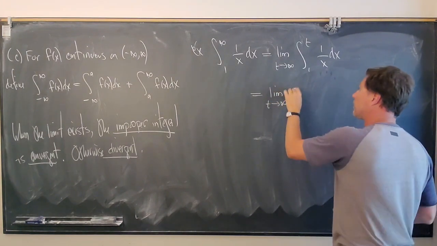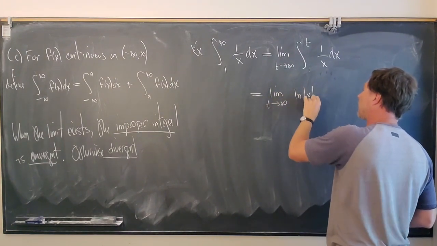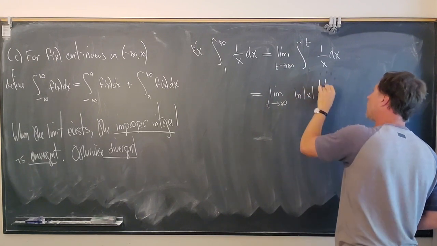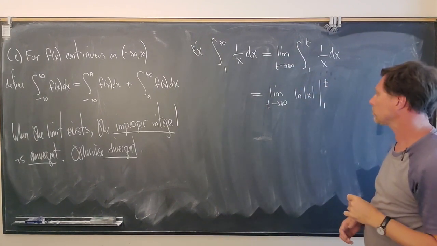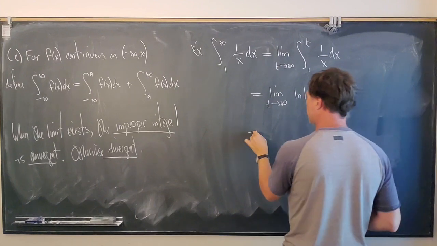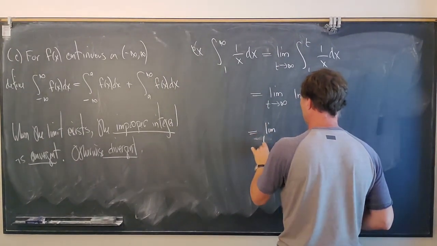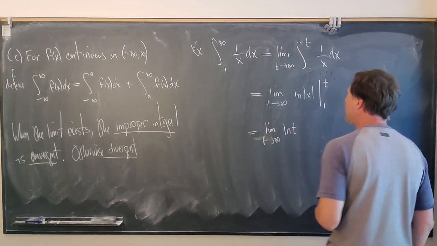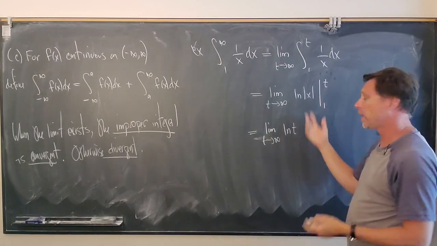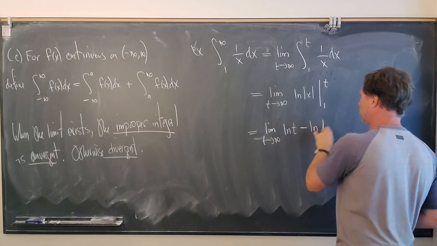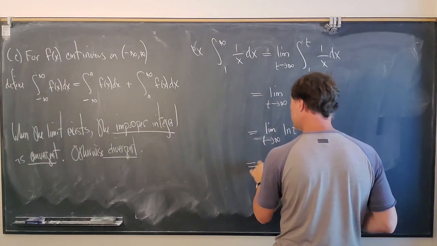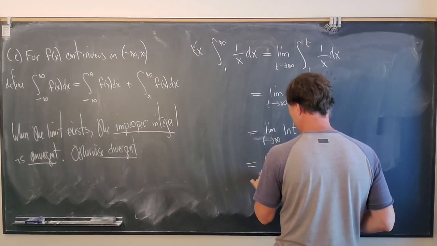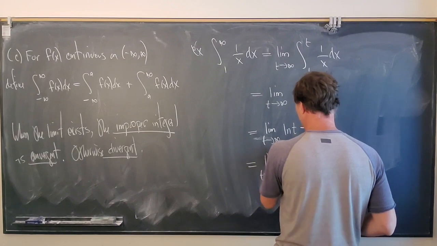The antiderivative is natural log absolute value of x, and we evaluate from 1 to t. Plug in the limits of integration, and what we get is limit as t goes to infinity. This will be a natural log of t. It'll be minus natural log of 1, which is just 0.